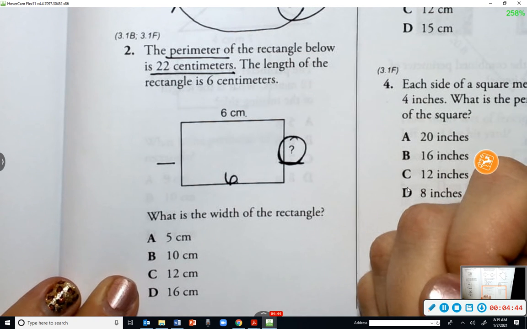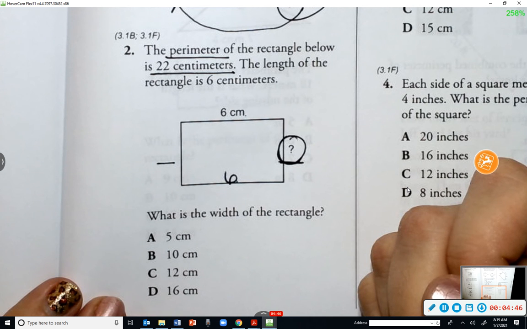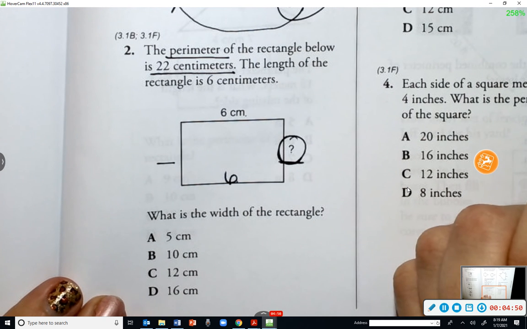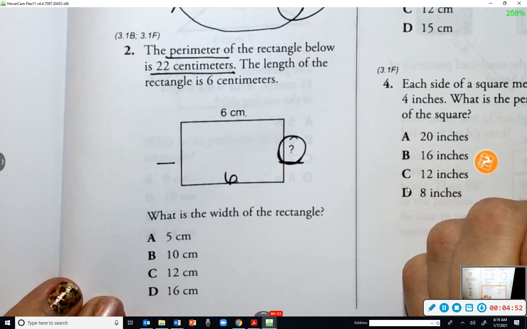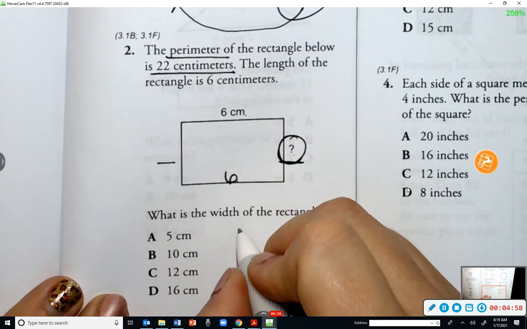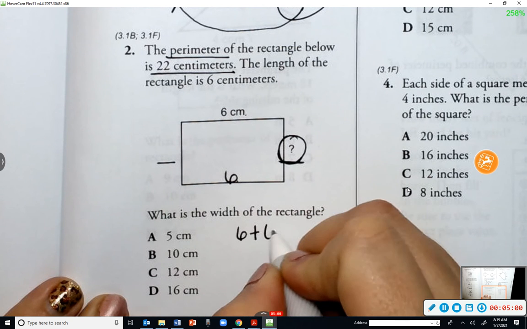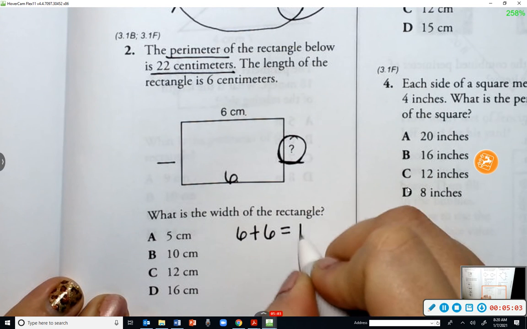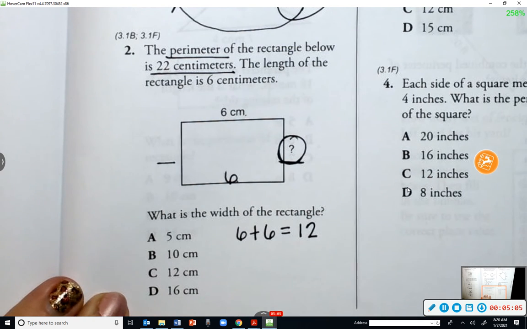Who remembers what we do first to figure those missing numbers out? Bryson? Nope. We add them. 6 plus 6. Good. 6 plus 6 is 12. Okay? Now what would I do next, Kelsey?